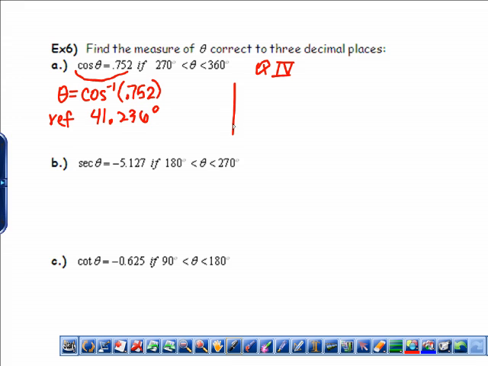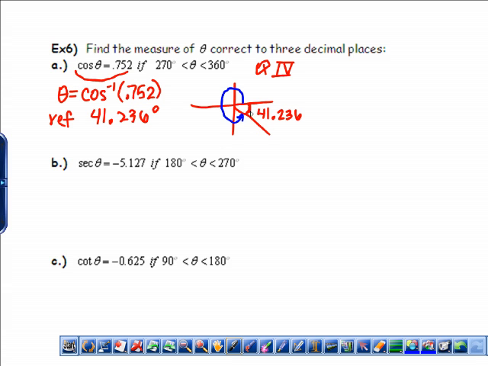So let's draw this. Oh, sorry. Let me back up. Quadrant 4. They're telling us our reference angle is 41.236. And what they're asking us to do, let me put this in blue, they're asking us, well, what is the angle between 270 and 360?